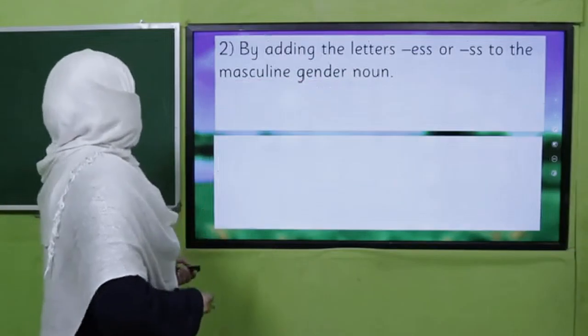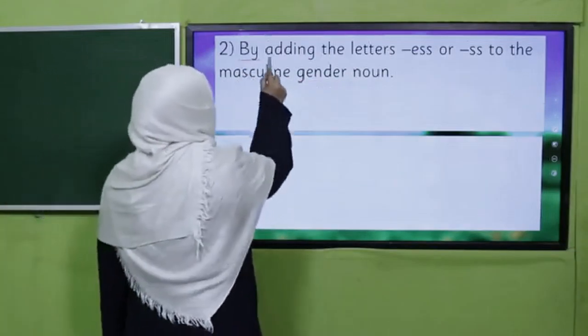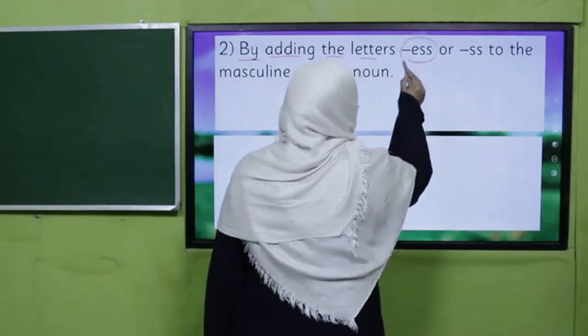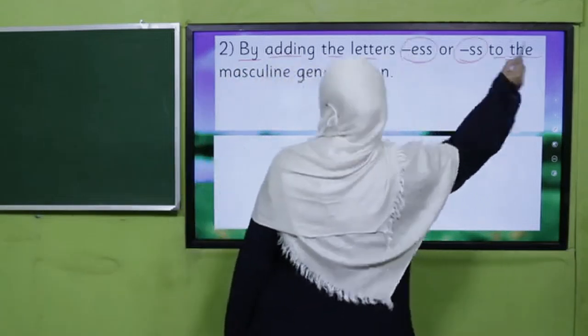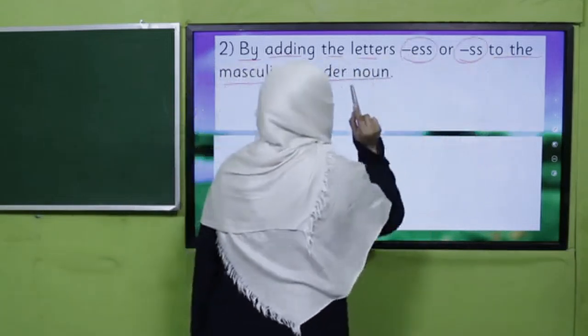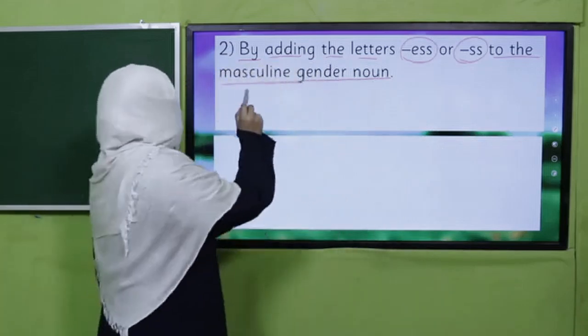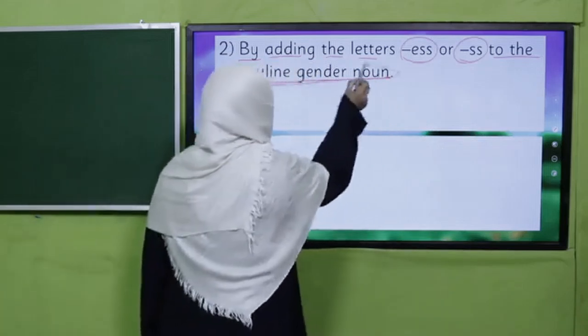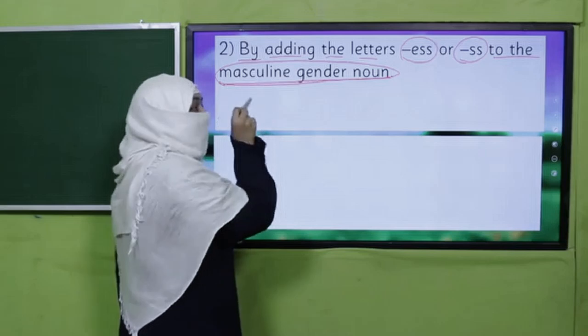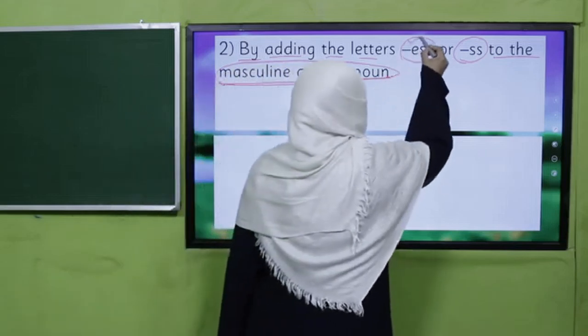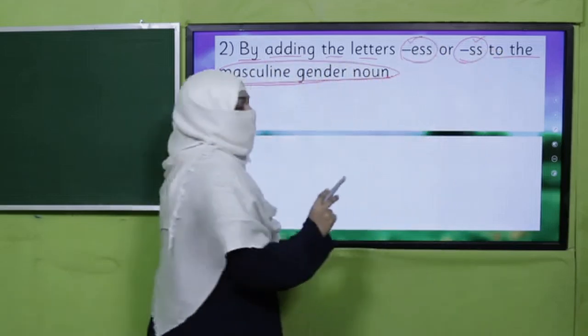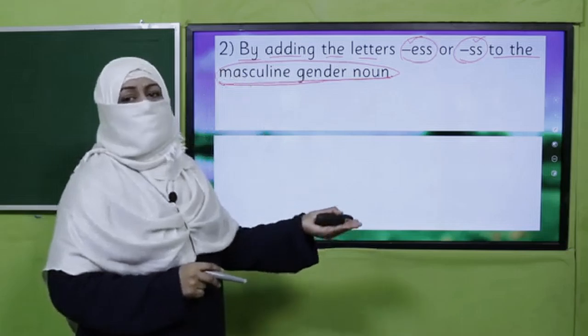The next way is by adding the letters ess or double s to the masculine gender noun. What do we mean by it? You will see a masculine gender noun, and when you add ess or ss at the end of that word, it will be converted into a feminine gender noun.